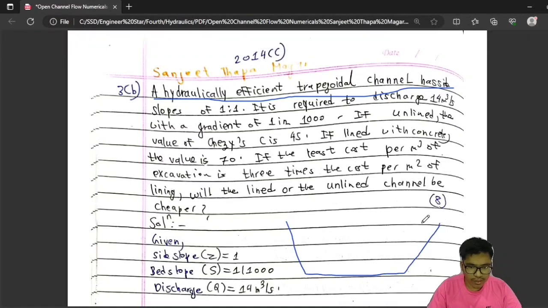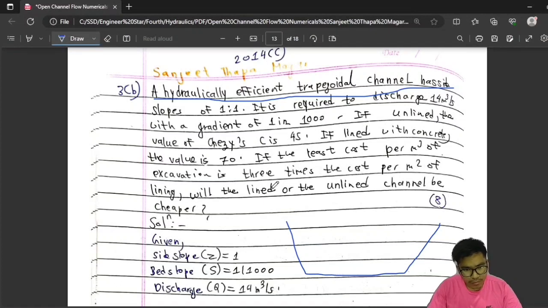This is a trapezoidal channel with side slope 1:1.